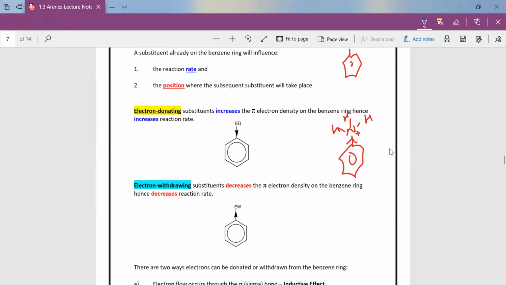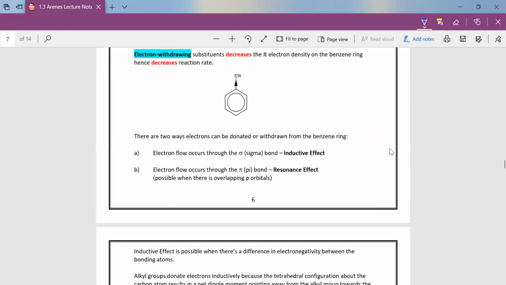All right, so there are actually two ways electrons can be donated or withdrawn from the ring itself. Number one, it flows through the sigma bond, which is what we call the inductive effect. The other kind is flowing through the pi bond, which is what we call the resonance effect.